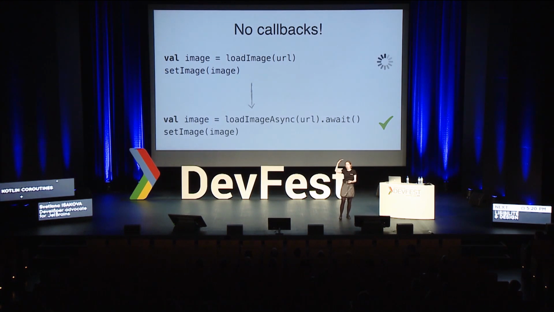So we just write the code consecutively, one instruction after another, without any kind of callbacks, and it somehow works. Note that I haven't yet explained how this async await works. My first idea that I want to share is that we want to avoid callbacks, and the feature of coroutines and async await allows us to do that.